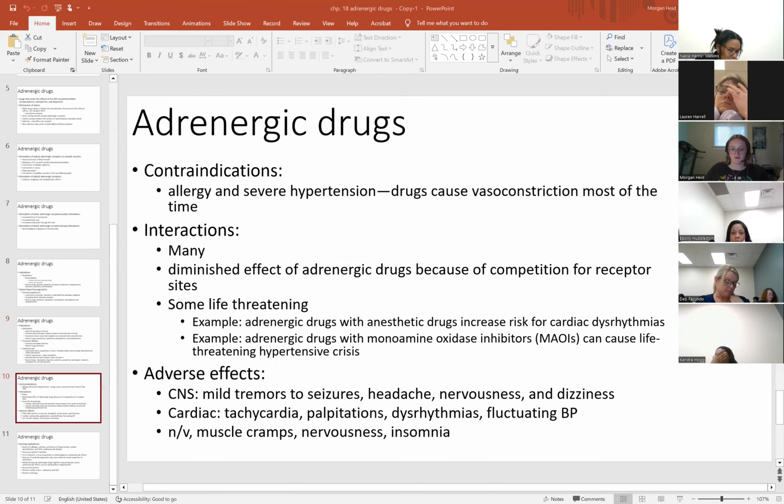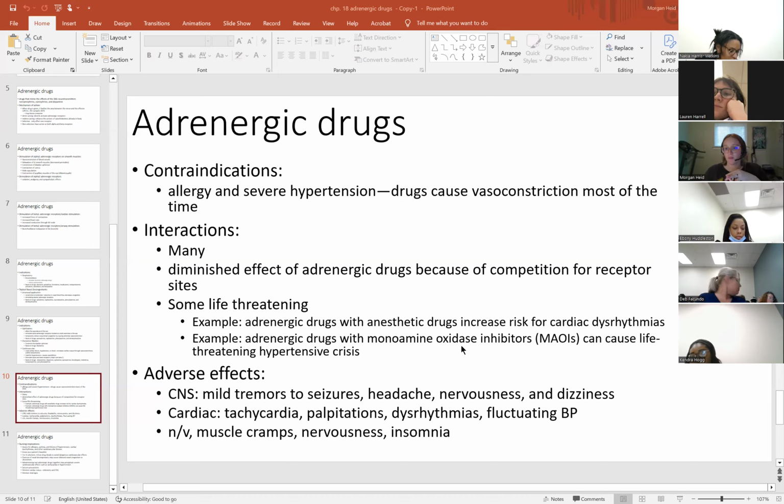So for the next round of information here, we're done going over the specific medications and body systems and what it's doing. Everything that we just went over were indications, why we're using it, how it's working, which is the mechanism of action, and then the name of the medications.